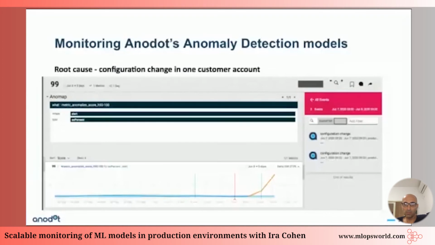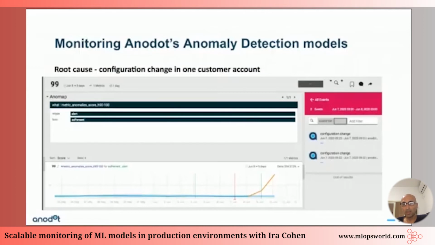And when talking to our customer success, we realized they did some sort of configuration change for the customer, in the way the data is being sent, that caused a lot of high significance anomalies for that customer to occur. And because that is a big customer, it affected the overall distribution of all the models.